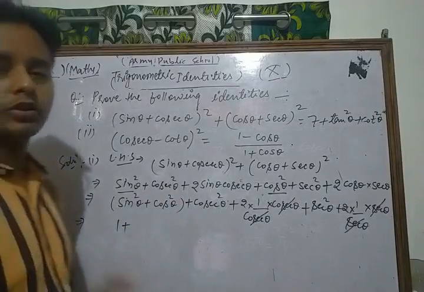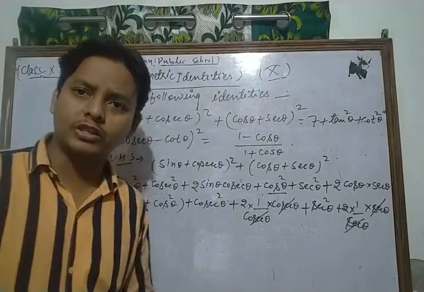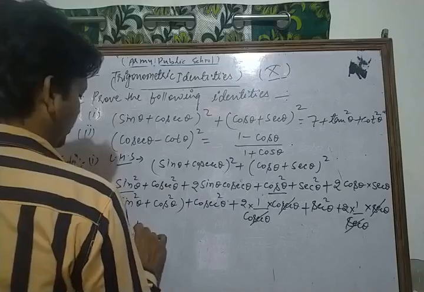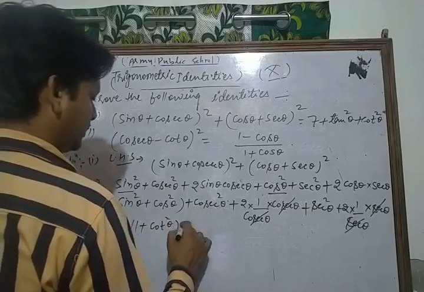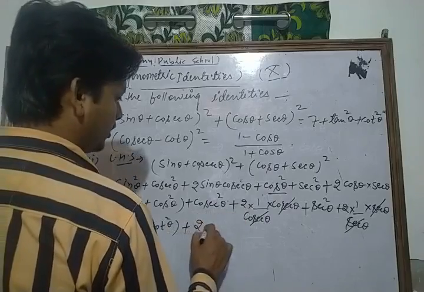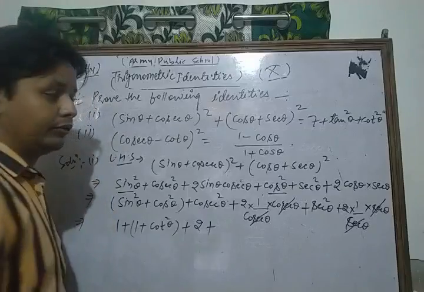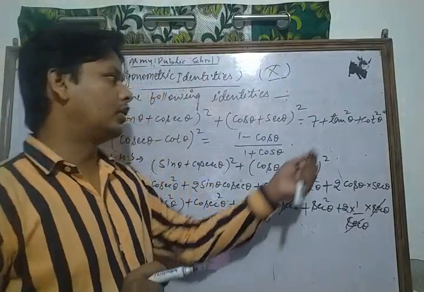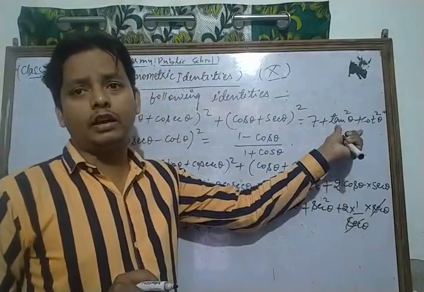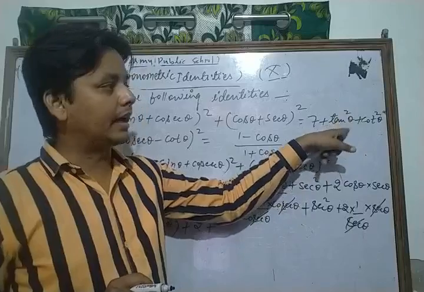You know that 1 plus cot square theta is cosec square theta, so we can write 1 plus cot square theta. Here 2 is left, plus sec square theta. You know that 1 plus tan square theta is equal to sec square theta, as we proved earlier in terms of tan and cot.